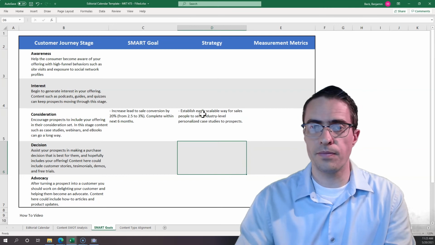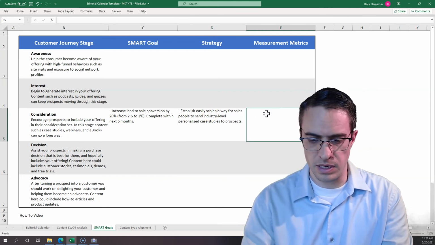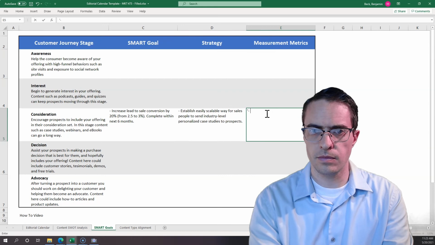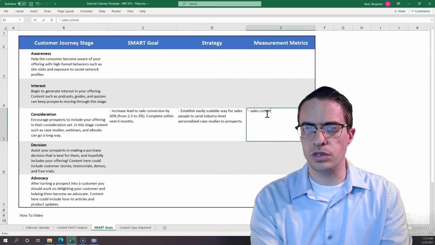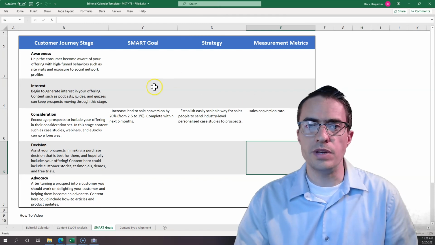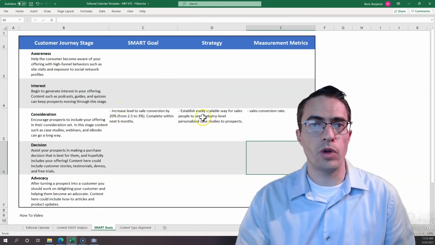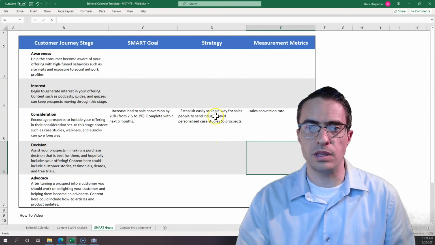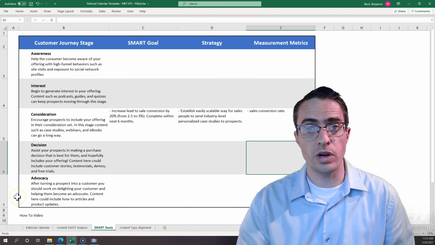That's the strategy. The measurement metric would be sales conversion rate. There we have it. So now we have a SMART goal, a strategy for how we're planning on doing that with the content, and then the metric whereby we will measure whether we are successful or not.